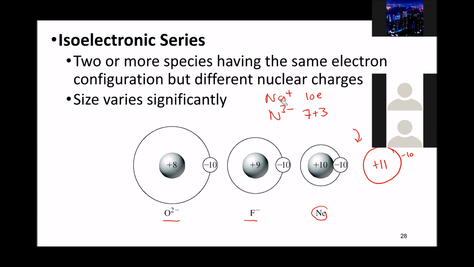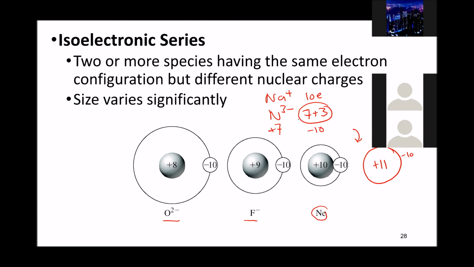What's the atomic number of nitrogen? Nitrogen is 7. Which means how many protons does it have? 7 protons. So a proton is 1 plus. So how many positive charges? 7 plus. And how many negative charges, like in total number of electrons? We just calculated this. It's going to be 10.